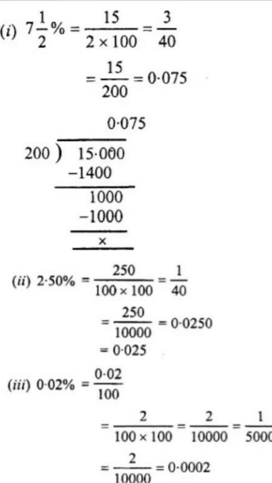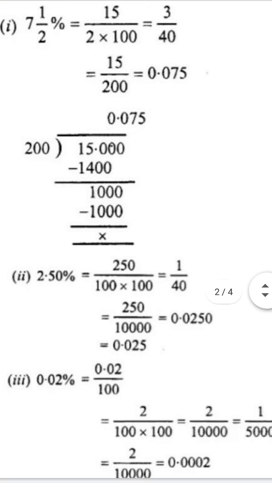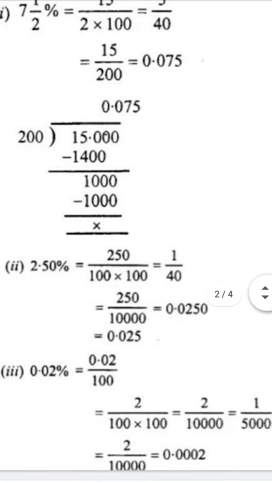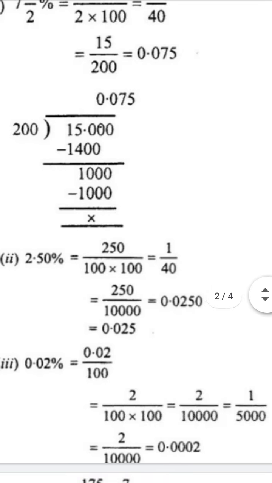So 1 upon 40, this also we cannot divide, but we have to write this in decimal form. So I have multiplied this fraction 1 upon 40 by 250, multiplying the numerator by 250 and the denominator by 250.